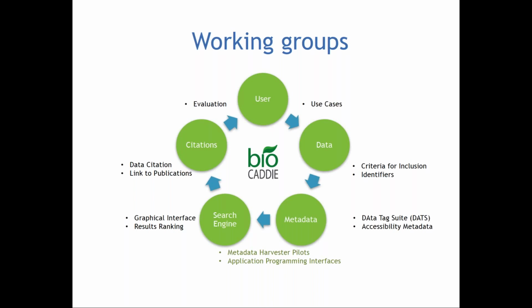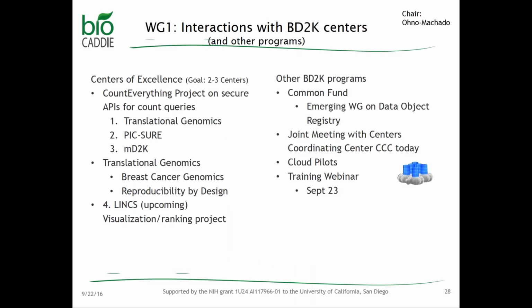And then finally the evaluation. So these were all working groups that we created surrounding the Data Discovery Index Consortium so that we could get members from the community to participate in the creation of it.